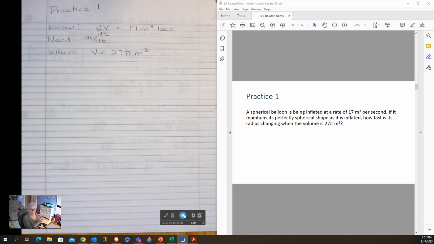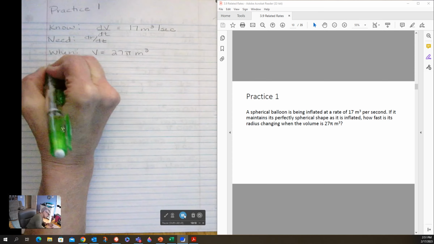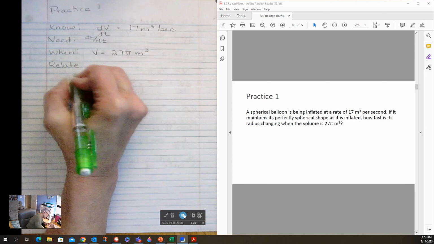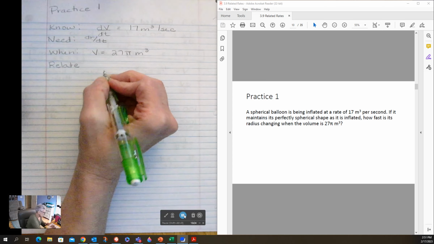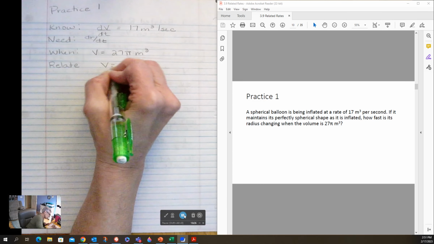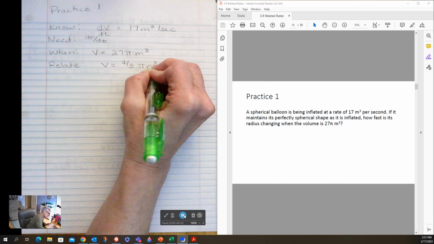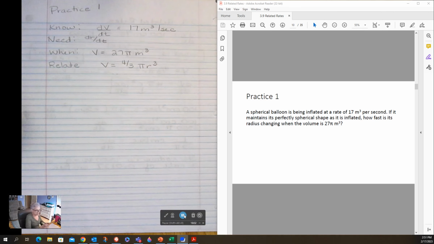Relate, differentiate, evaluate. So, relate, same relation as example 1. Volume is 4/3 pi r cubed. Differentiate.